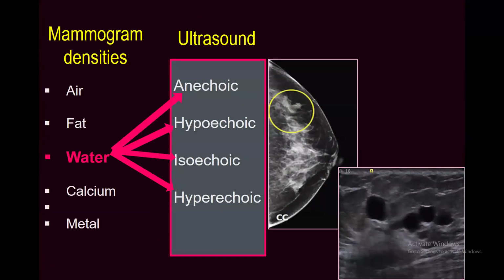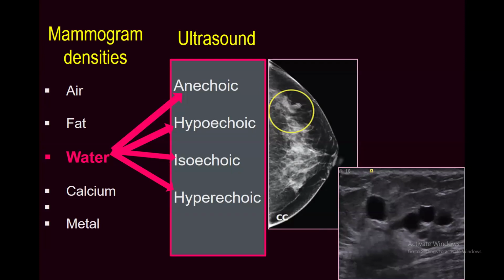As we mentioned before, we have 5 mammographic densities or X-ray densities: air and fat as lucent, calcium and metal as hyperdense, and in between we have a water density.